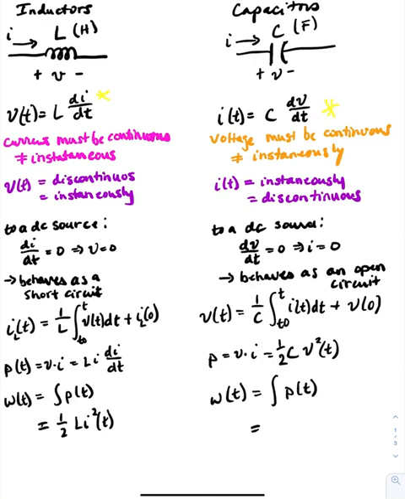So we are using this equation up here. So it's 1/2 C V squared of t.